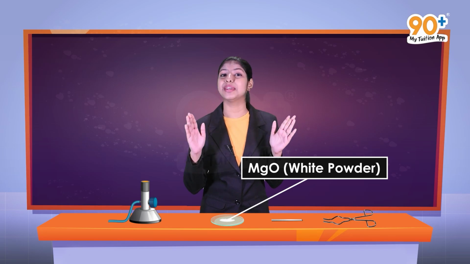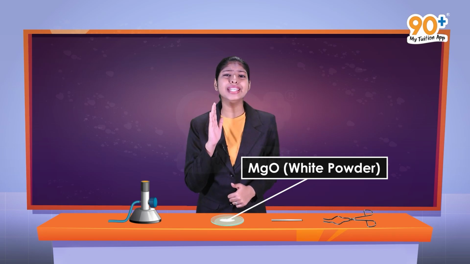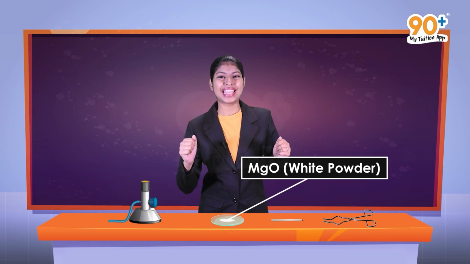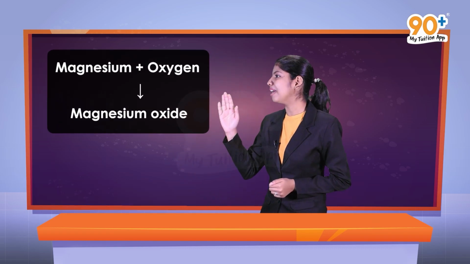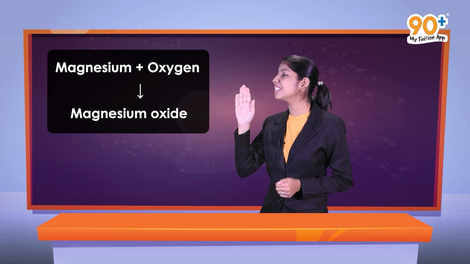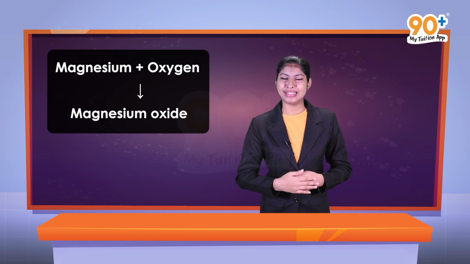This white powder is magnesium oxide. How did it form? We can say that this magnesium oxide is formed due to the reaction between magnesium and oxygen present in the air. So we can represent it as magnesium plus oxygen gives magnesium oxide.